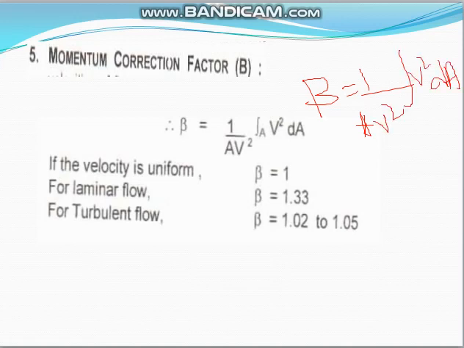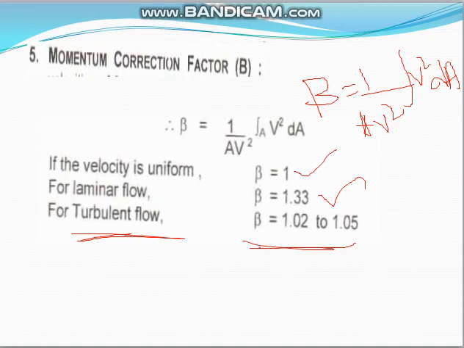Okay, if the velocity is uniform, beta will be 1, the same as alpha, 1 for a uniform flow. But for laminar flow, the momentum correction factor will be 1.33. For turbulent flow it will be 1.02 to 1.05. This is very important.